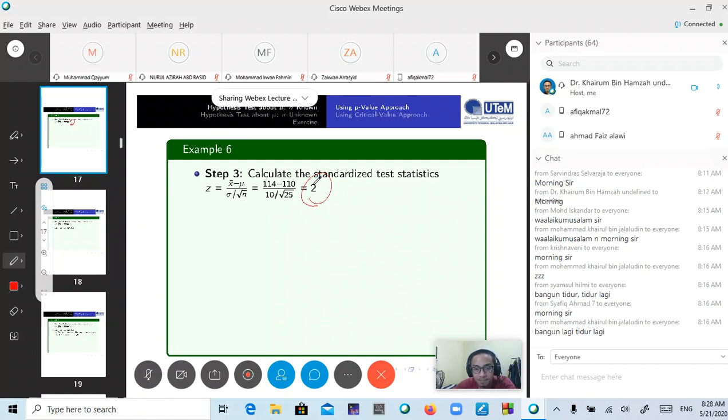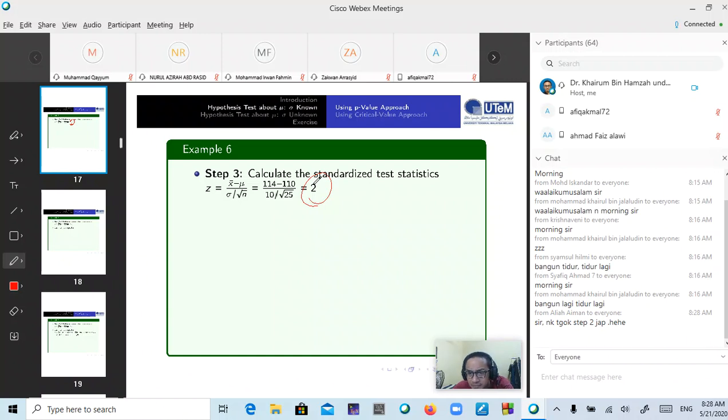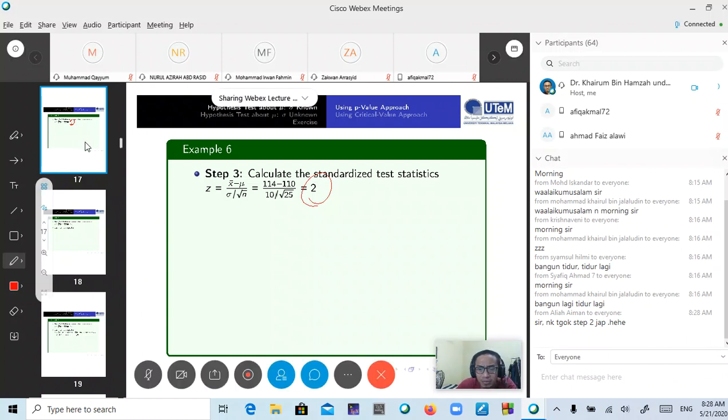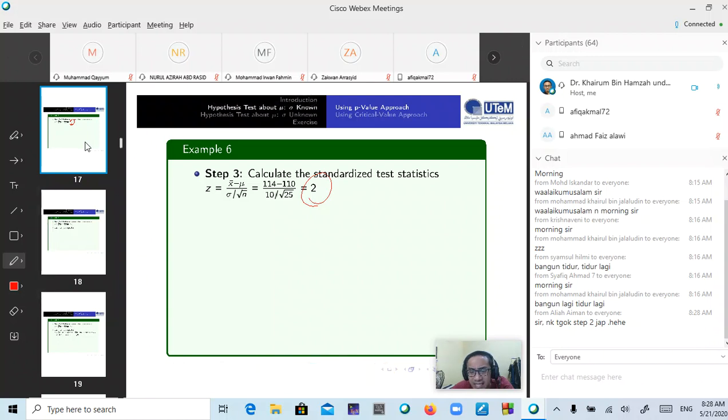Okay, after you get the value of Z, step 2. Step 2 tak ada apa. Step 2 hanyalah identify je level of significance. Level of significance dah bagi dalam you punya soalan. Alpha equal to 0.05. Macam tu sahaja step 2.